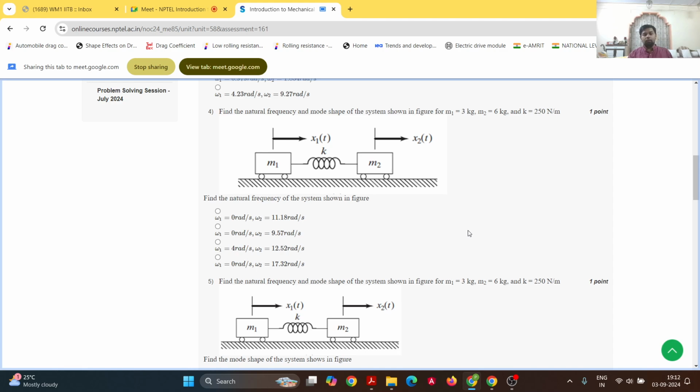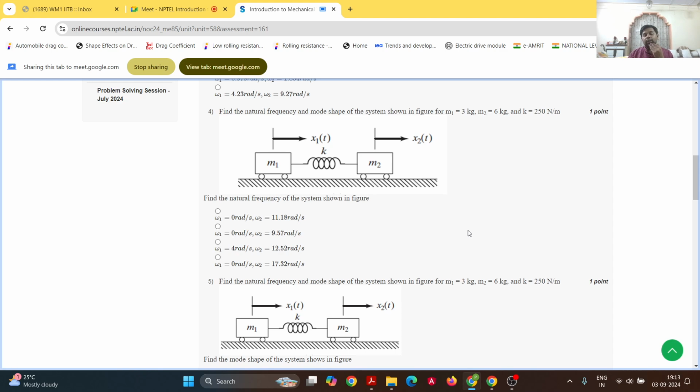The inertia force M2 x2 double dot is acting from right to left, and the spring force K delta x is also acting from right to left. So how will mass M2 get balanced, sir? At least one should be opposite in direction.